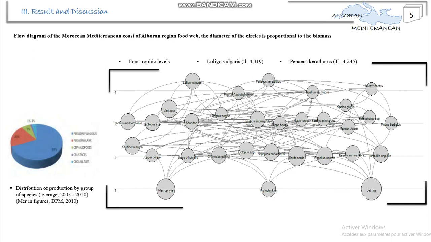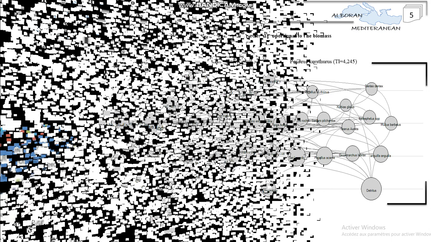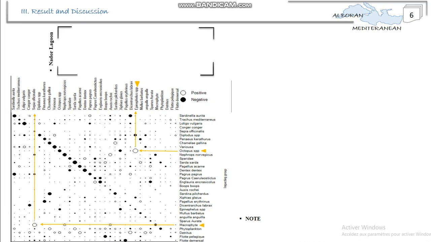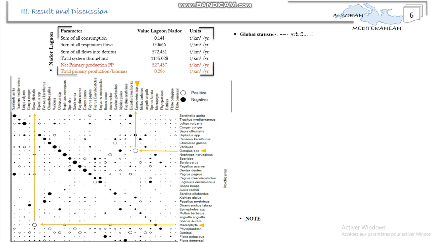So we can validate the results of our model based on this statistical information that we already have. Also, we can deduce from this flow diagram that there is a balanced flow between the trophic levels, in which we can say that our ecosystem is in a phase of instability. This is confirmed by the statistical results.